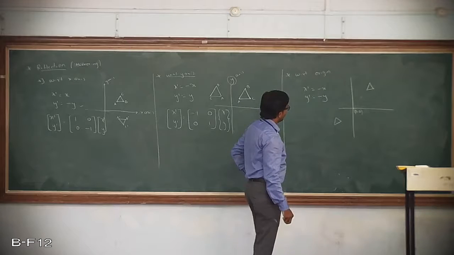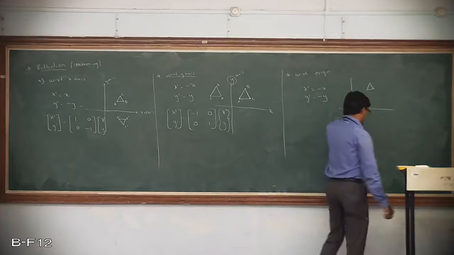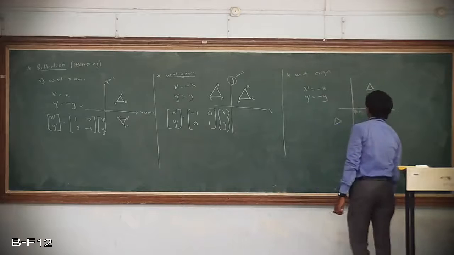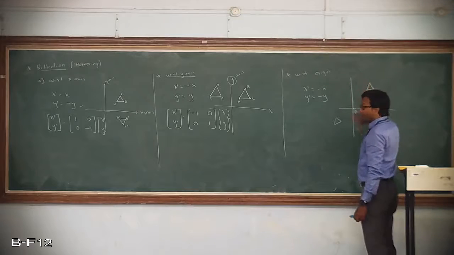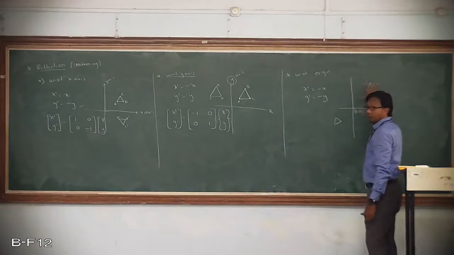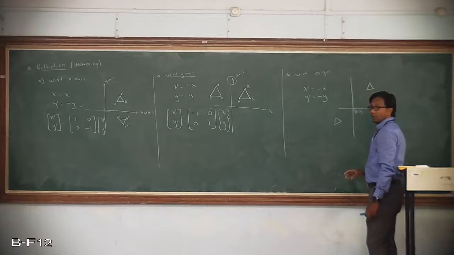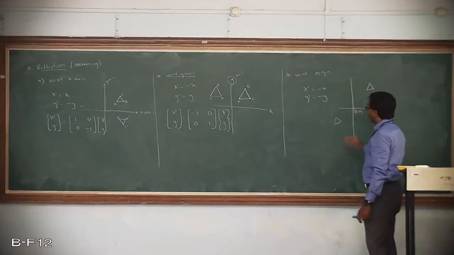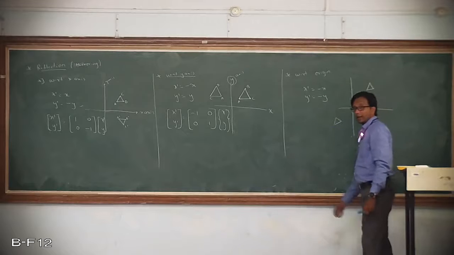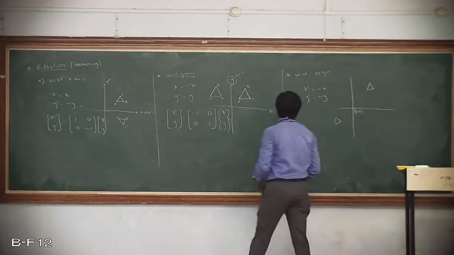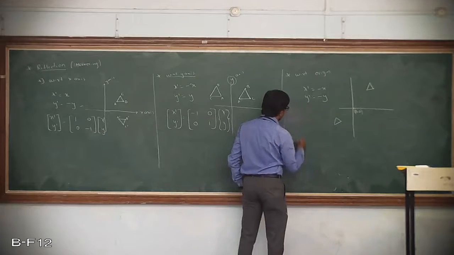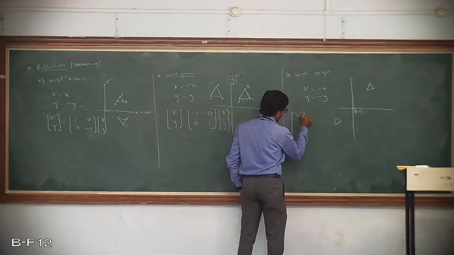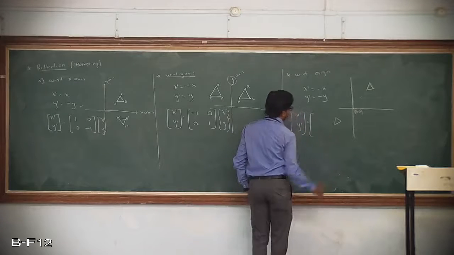So clear? When I want to reflect it with respect to the origin, you need to observe what the original coordinate will be, in which quadrant it is initially located. Then when you shift it with respect to the origin, both will be in a negative axis. If I write it in a matrix form, X dash, Y dash, what will this be?